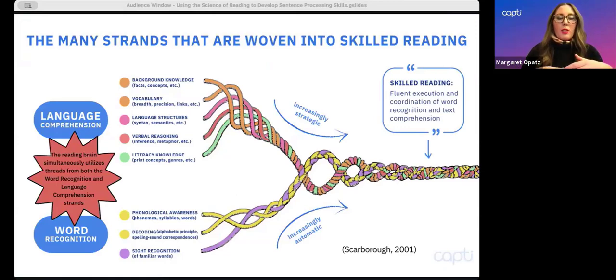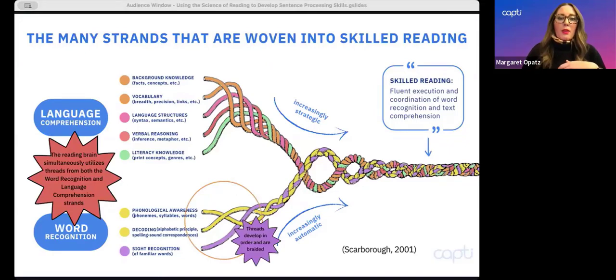So we know that if you can recognize the word on the page, then you're going to be able to comprehend the language that's used on the page as well. And then as the threads start to develop, students start to weave them together and increase their automaticity and become more strategic. And this will lead to skilled reading, and that's the ultimate goal.